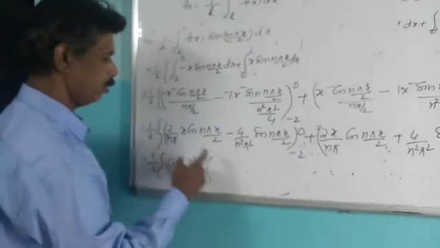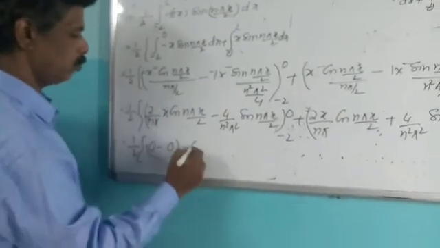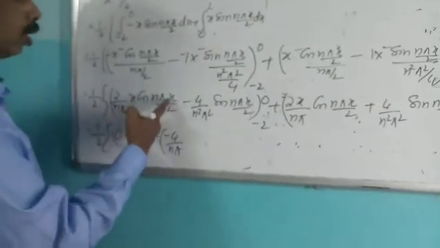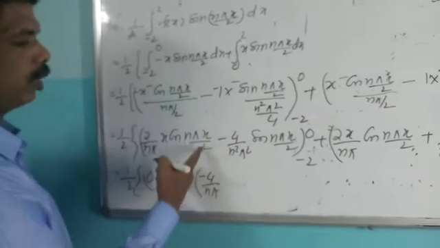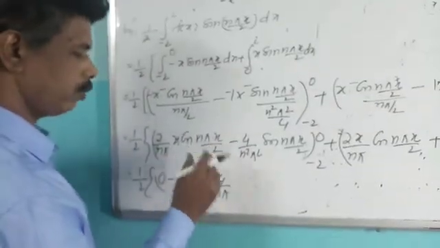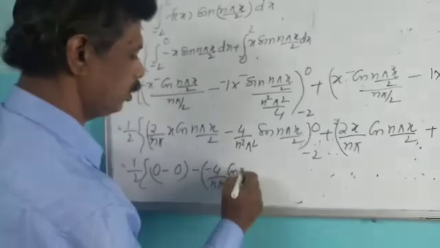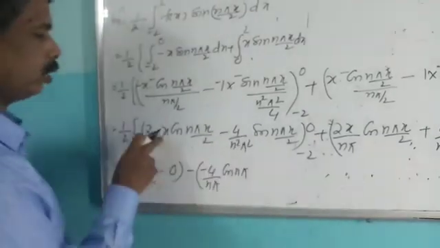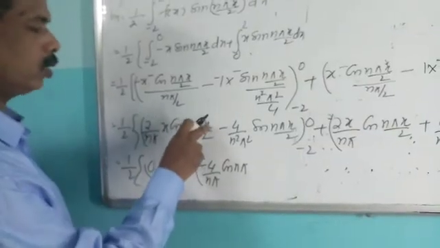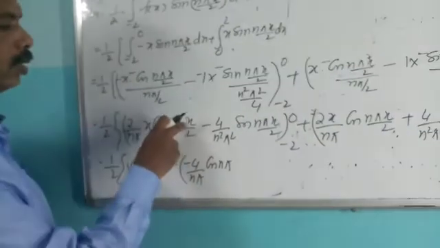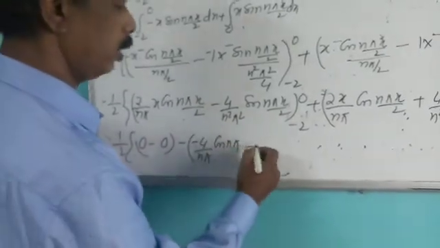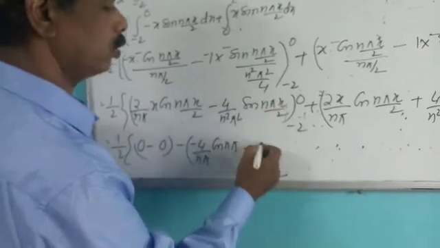Minus, apply the lower limit: minus 2 into 2 minus 4 by nπ, minus 4 by nπ cos nπ into minus 2. The 2 and 2 cancel, cos(−nπ). Cos nπ is an even function, so cos(−nπ) equals cos nπ. Cos nπ minus sin nπ, that is also equal to 0.